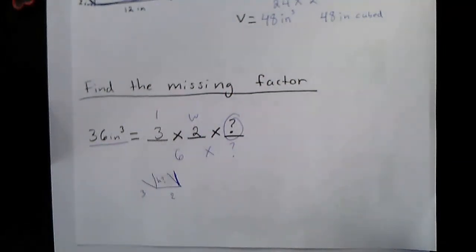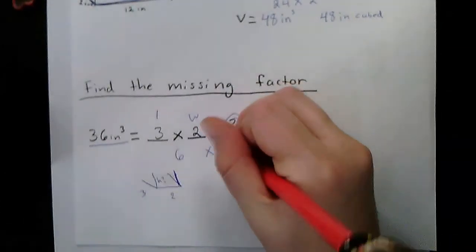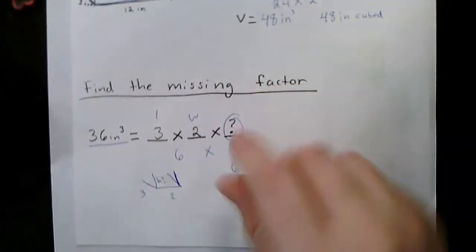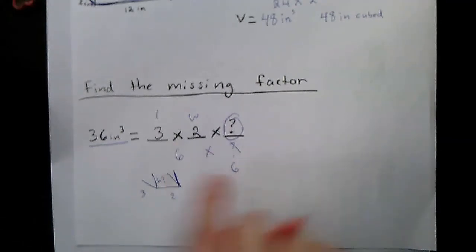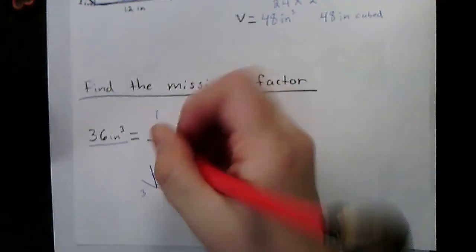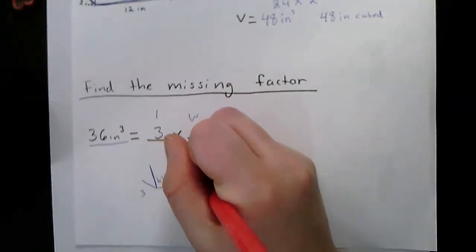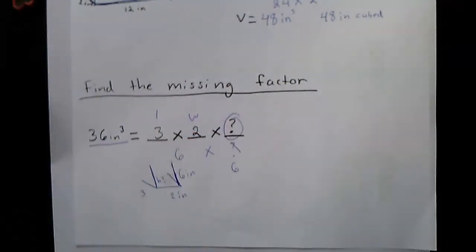Well, I could think about my factors that could multiply to 6 or multiply to 36. So I'm going to choose 6 times 6 because I know that 6 times 6 equals 36. And now what I just did is I just answered the question for what my height is. So my height is 6 inches, my width is 2, and my length is 3.